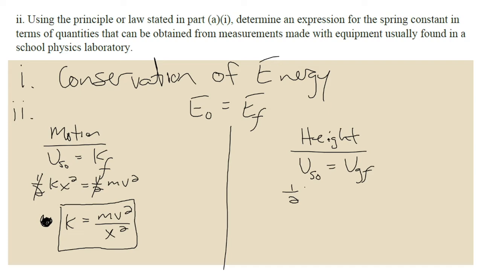And so you get the equation 1/2 k x squared is going to be equal to m g delta y, where the k equation at the end is going to be 2 m g delta y over x squared. You've got to multiply both sides by 2 here, so we get 2 m g delta y, and then we've got to divide by x squared.